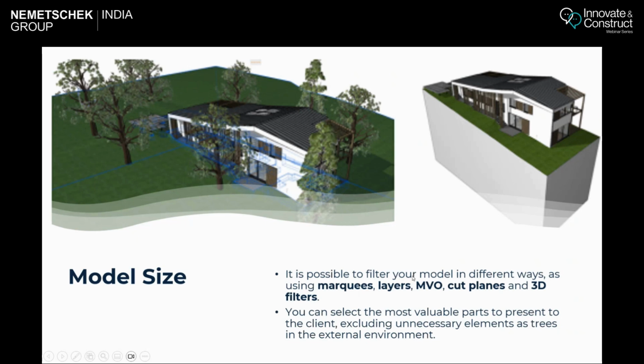Either we can use marquees to select whatever we want, or we'll use layers and layer combinations to hide design elements that we do not need for the BIMx. And we can also use model view options where we can simplify certain design elements, and then we can also use cut planes to shorten our entire 3D view. And then we can also use 3D filters to quickly take off design elements that are not required for the BIMx hypermodel.